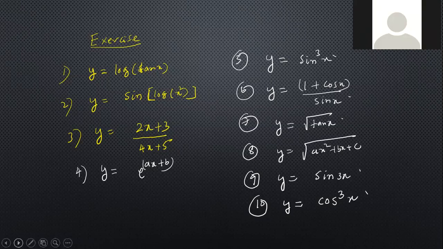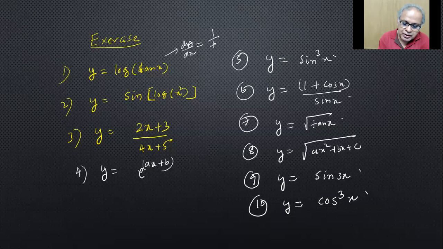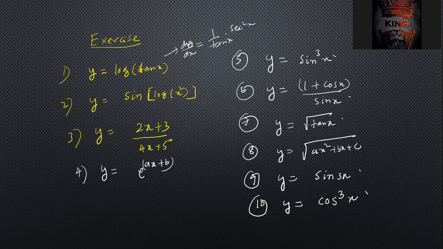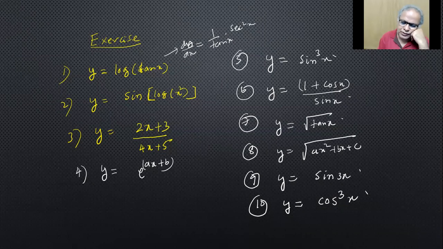Sir, is the first one secant square x by tan x? Just a minute. Sujita is saying dy by dx for this, log of tan x, is 1 by tan x into tan x derivative, secant square x, which is secant square x by tan x. If you want to simplify, you can write 1 by cos square x into sin x by cos x.